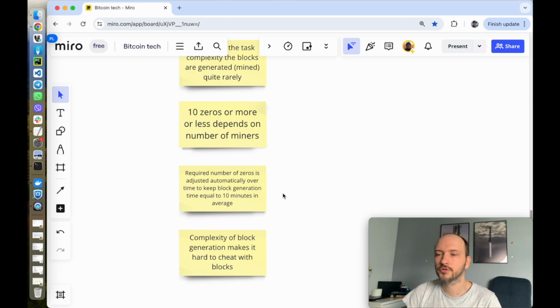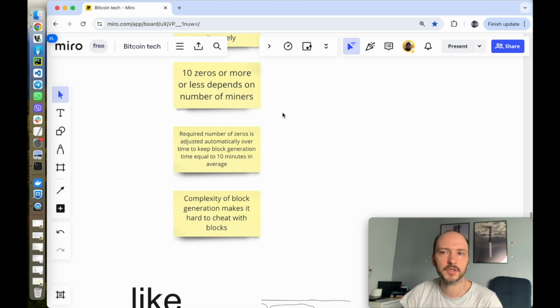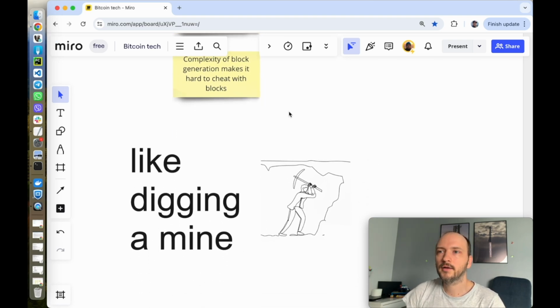And the complexity of block generation makes it hard to cheat with transactions. It takes some time to find this random number and this hash that starts with zeros. That's why it's not that easy to find the block and to cheat with the block. We'll speak about it in more detail later. You can imagine this entire process like digging a mine.